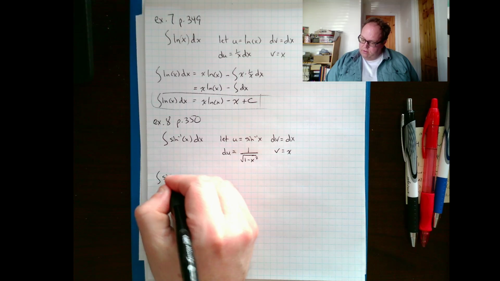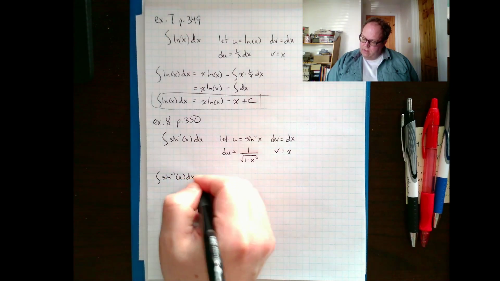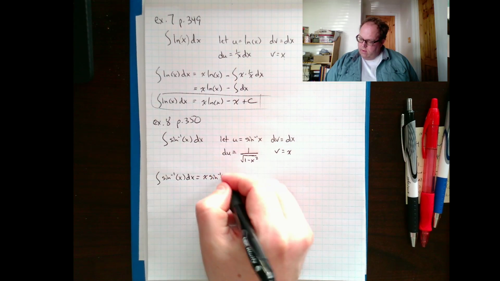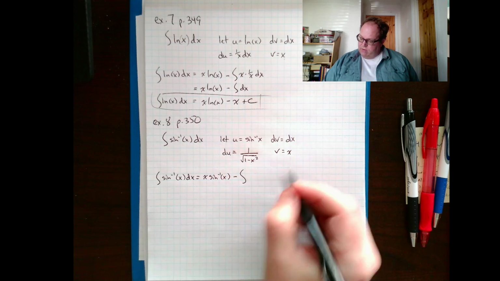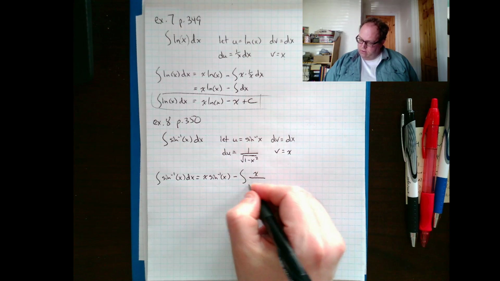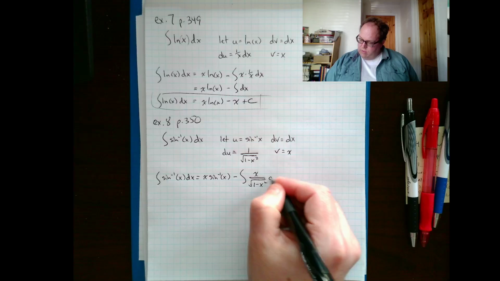Stepping through my integration by parts formula, this becomes u times v minus the integral of v du, or x over root 1 minus x squared dx.